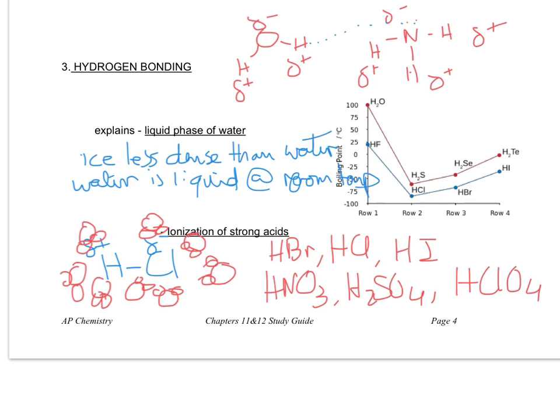And so you can see that HF and H2O have extremely high boiling points compared to hydrogen bonded to the elements in their group, because these have hydrogen bonding, whereas these just have dipole interactions. So hydrogen bonding is definitely stronger than regular dipole interactions.